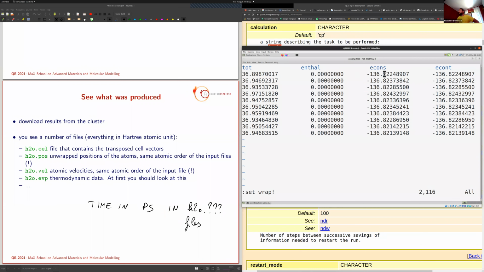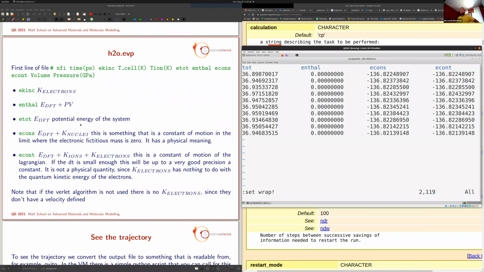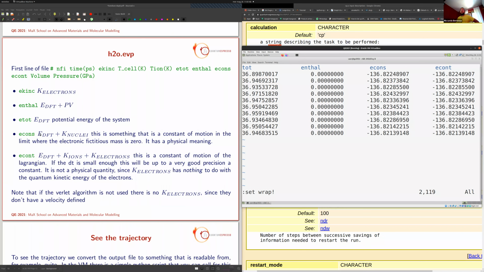Then the entropy. A cons is the potential energy plus the kinetic energy of the nuclei. That is the energy that is conserved in a classical molecular dynamics simulation.